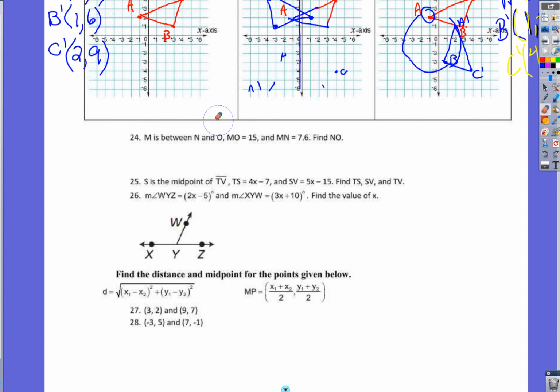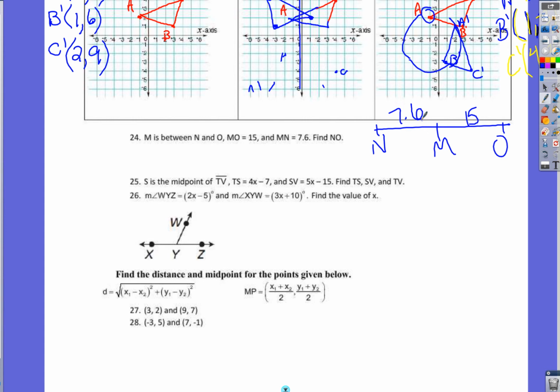You have one very similar. M, N, and O are collinear. And M is between N and O. Well, there's my N, there's my M, and there's my O. If MO is 15 and MN is 7.6, find NO. How am I going to solve for my NO?